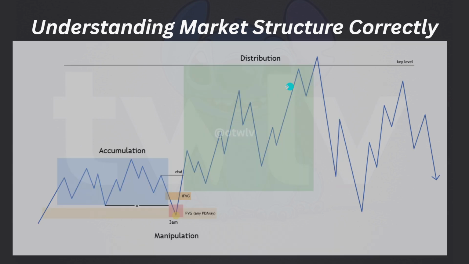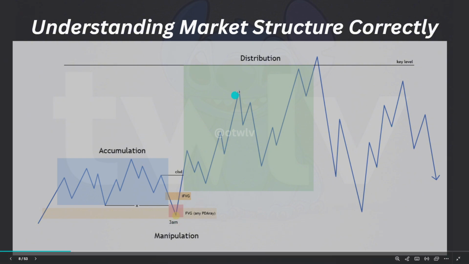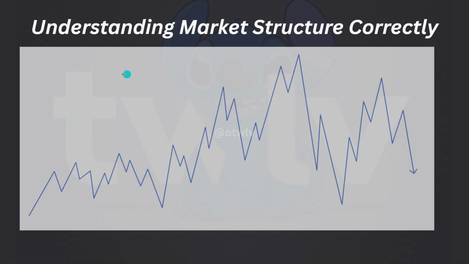This is the way that I saw the market. I'm going to show you real charts here as well, but I just have line schematics because it's easier to read. So we have accumulation, manipulation, distribution. Now, I didn't really mark out the key level here, but let's just assume that there's a key level here.